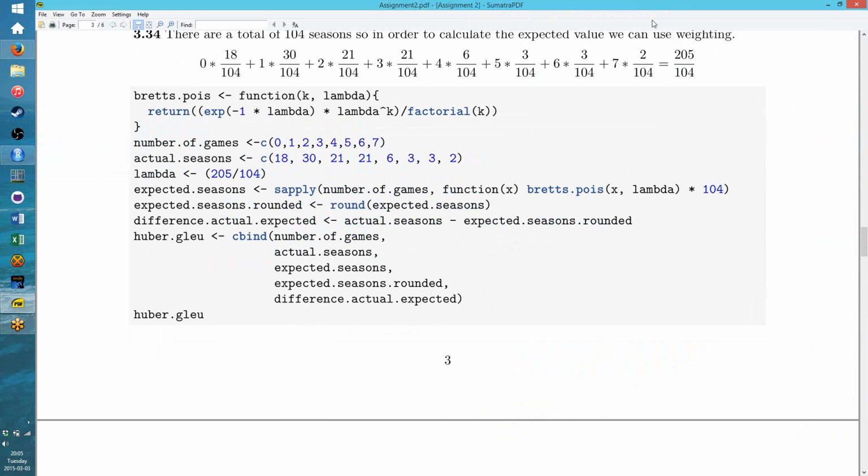The reason for that is that they all have the same denominator of 104. Okay. So it would work out exactly the same if you just did 0 times 18 plus 1 times 30 plus and all of that divided by 104. You would get exactly the same thing. Right. Okay. Got it. All right. Any other questions for Brett?